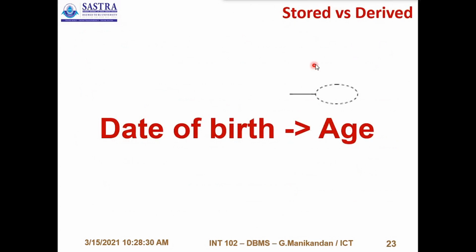What is the notation used for representing the derived attribute? Dotted oval. If you are going to store the attribute as part of the database, then it comes under the category called stored attribute. With respect to a student, it is enough if I store the date of birth.